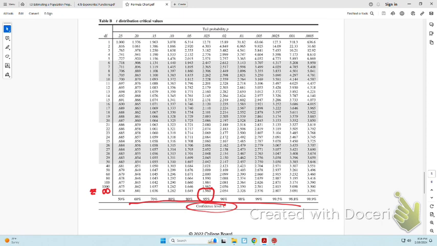So if they asked for 99%, 2.576. If they ask for 90%, 1.645. Those three are the most popular, and 95% is the most popular. But they could ask for any of those, and there they are.